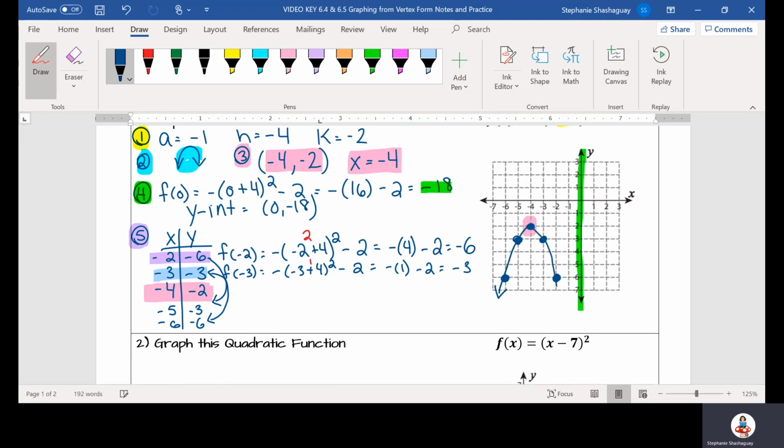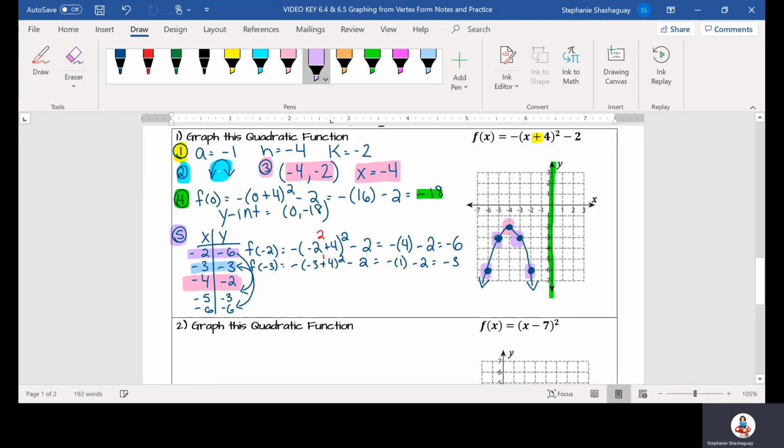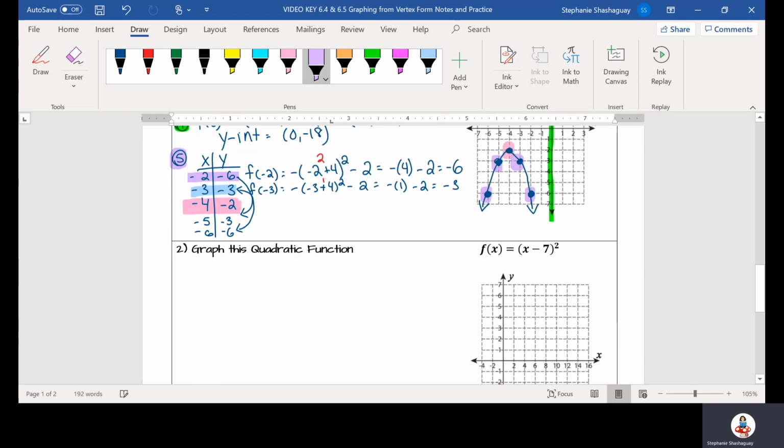And there I have my parabola, or this function, and I was able to use a table of values in order to graph my function, because you can always use a table of values to graph any type of function.